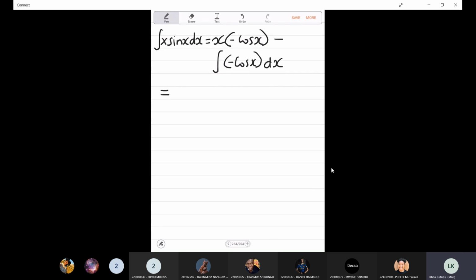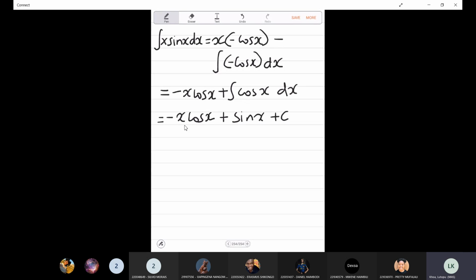So what we have on the right-hand side is minus x cos x, and then minus minus, which is plus, the integral of cos x dx. So this is minus x cos x, and then the integral of cos x is sine x. So plus sine x plus c.